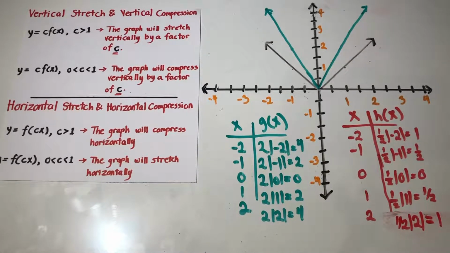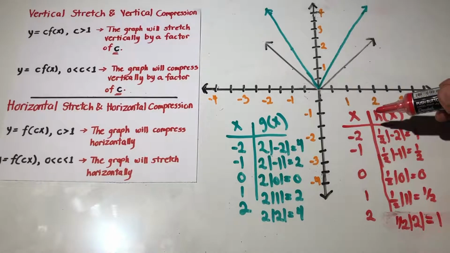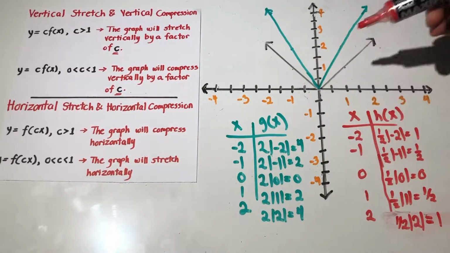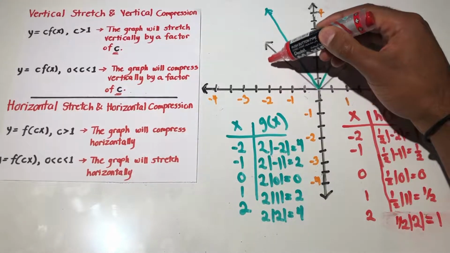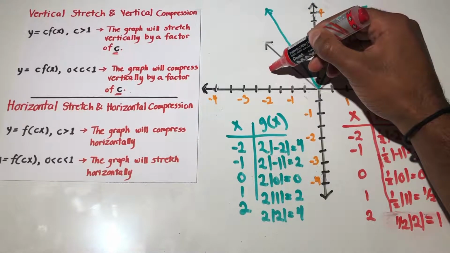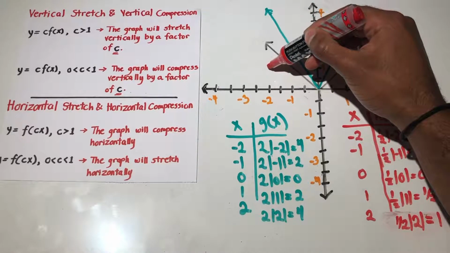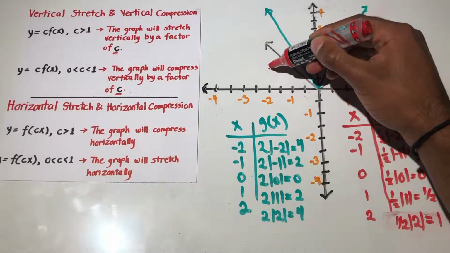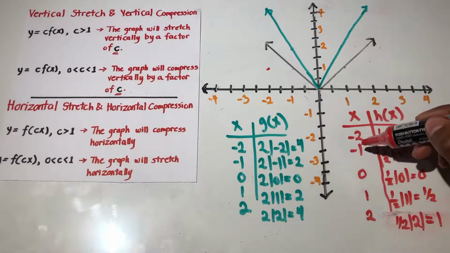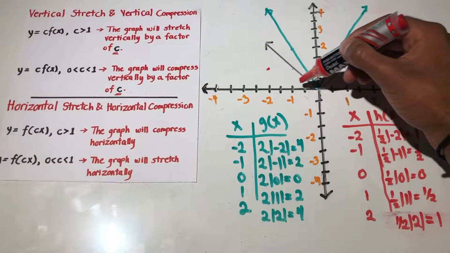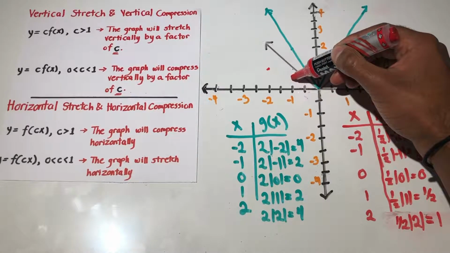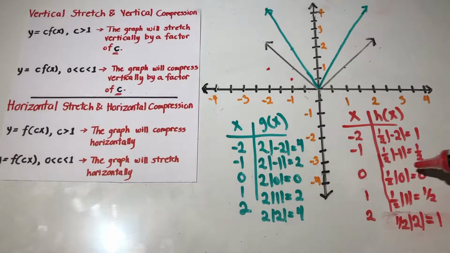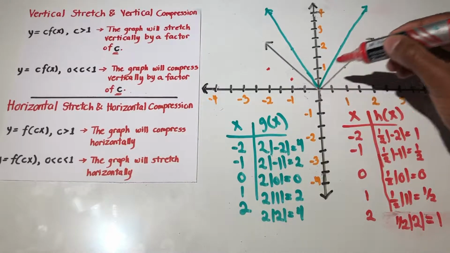So there we go, we have our points, and we can go ahead and plot them. So at -2, we have 1. So somewhere here, there we go. We have -1 and a half, which is right there. We have 0 and 0, which is the origin.